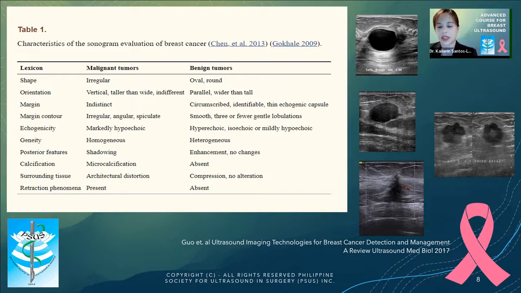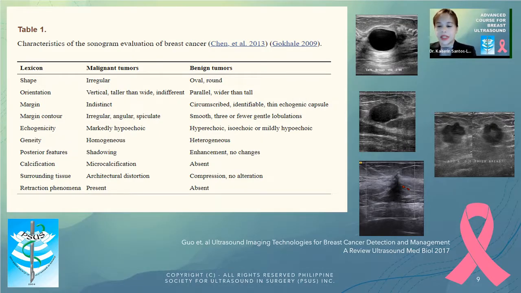BI-RADS actually is the summary of all characteristics we see in the lesion to be able to classify whether they are benign, probably benign, suspicious for malignancy, or highly suspicious for malignancy. Memorize these characteristics and again have the discipline to check for all these as you view the ultrasound images.